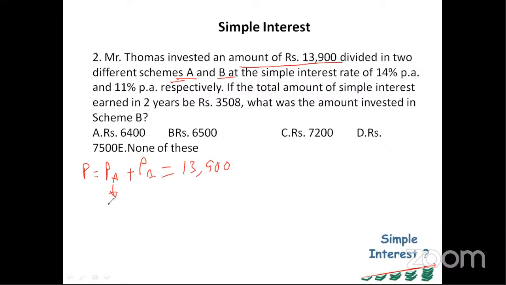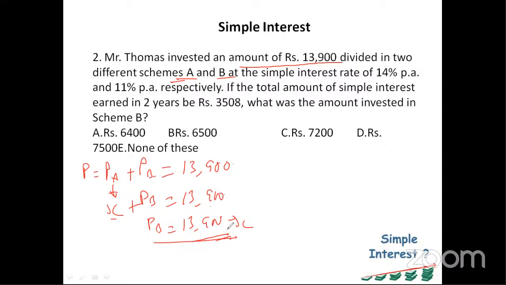Principal invested in A, we will take as X as of now. So PA plus PB is equal to 13,900, which means PB is equal to 13,900 minus X. We will send X this side. PA becomes X, which means PB is equal to 13,900 minus X. Okay, this is one part.